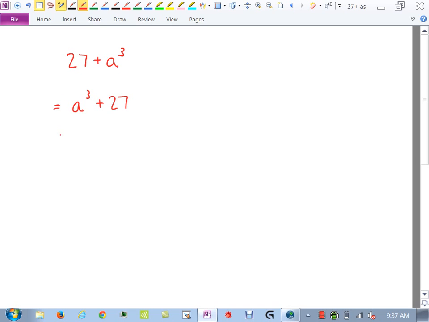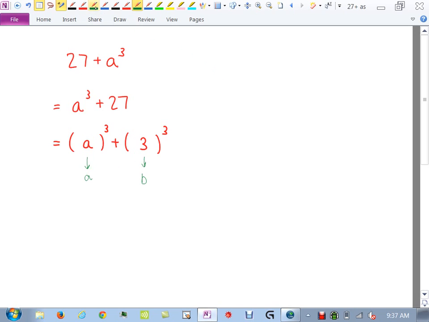So this looks like a sum of cubes. Can I rewrite it as something cubed plus something cubed? So what do I cube to get A cubed? A. What do I cube to get 27? 3. So my a in the problem is A, and my b in the problem is 3, right?